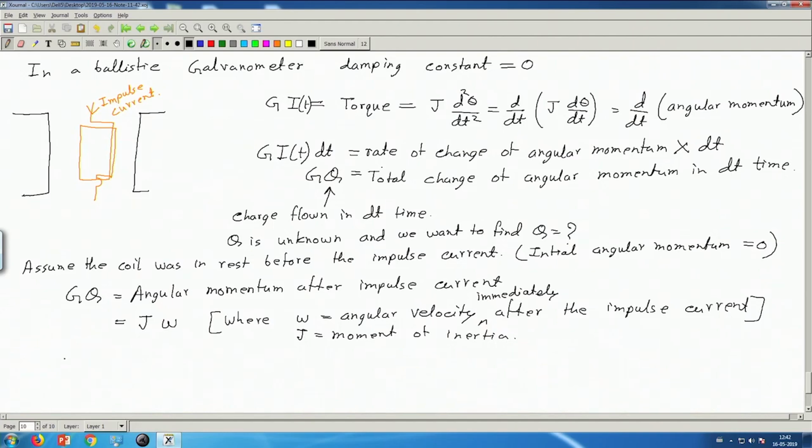So therefore we can find the velocity omega immediately after this current has flown as GQ by J. Okay. So if this is the angular velocity, then how much kinetic energy do we have immediately after this current has flown?